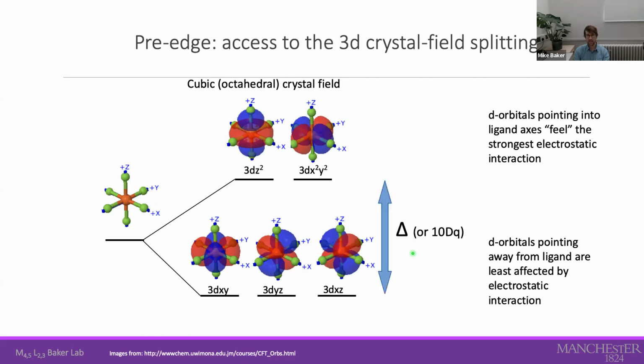So this splitting here is what we call the crystal field splitting, or ligand field splitting if we start using a crystal field model to fit to some experimental data. And this splitting here is often known as delta or 10Dq.